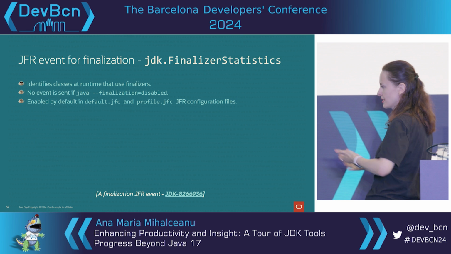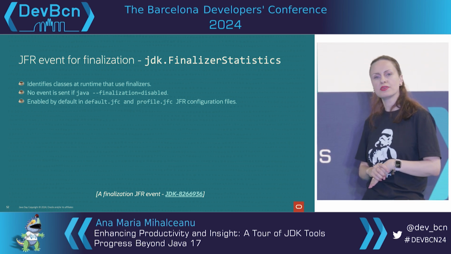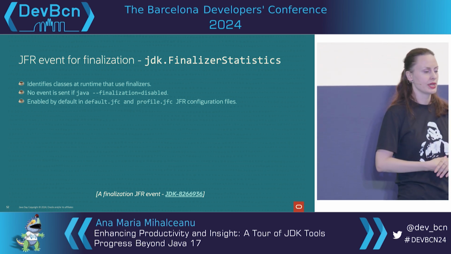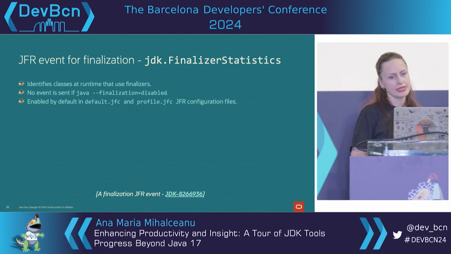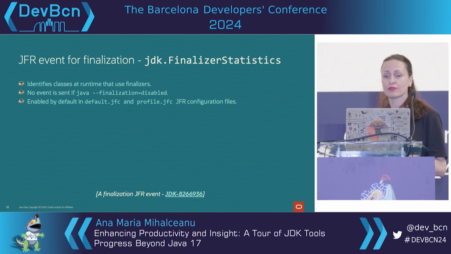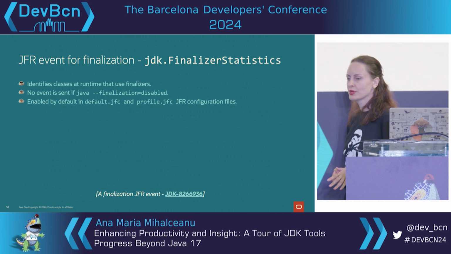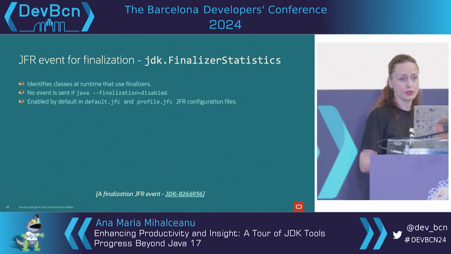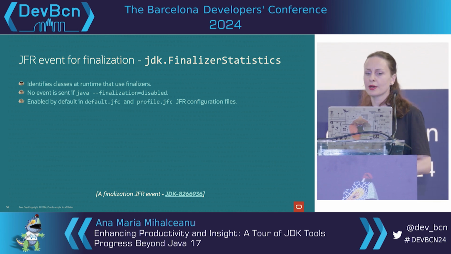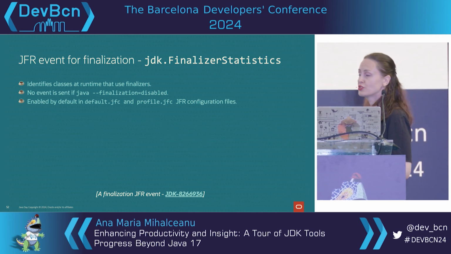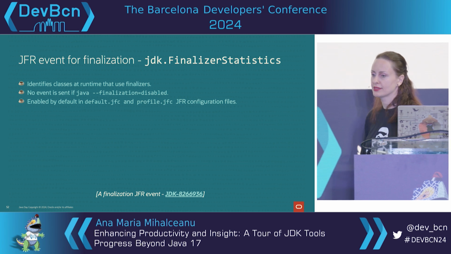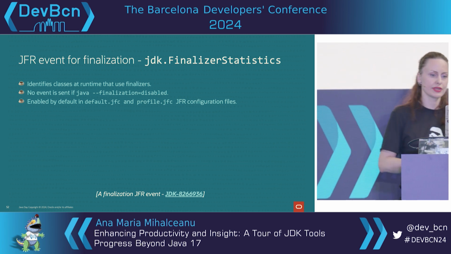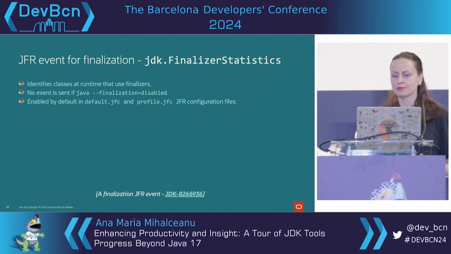Another good thing that came within monitoring, there are a few events that help us as developers. Now, in JDK 18, finalization was deprecated for removal. So in order to detect places in your code where you're using finalization, a new event type was added to JFR, jdk.FinalizerStatistics.